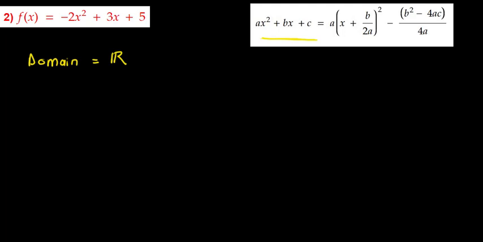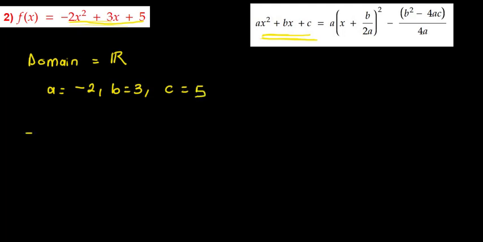So to find the range, we're going to put our function, minus 2x squared plus 3x plus 5, in its vertex form. Comparing minus 2x squared plus 3x plus 5 with ax squared plus bx plus c, we have that our a is minus 2, our b is 3, and our c is 5.